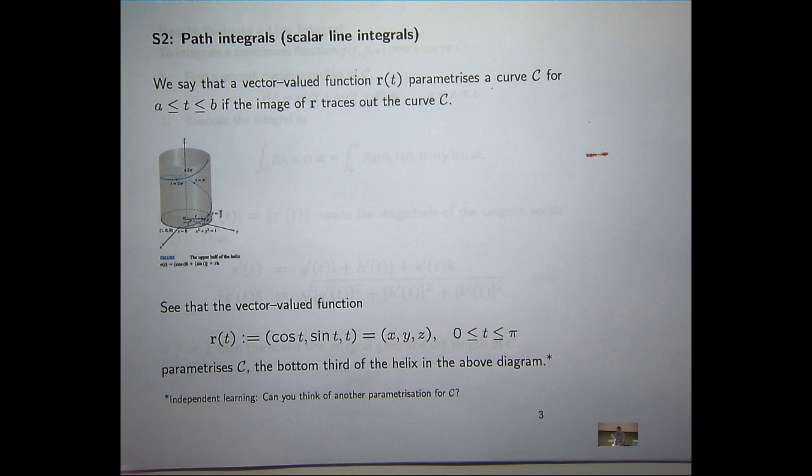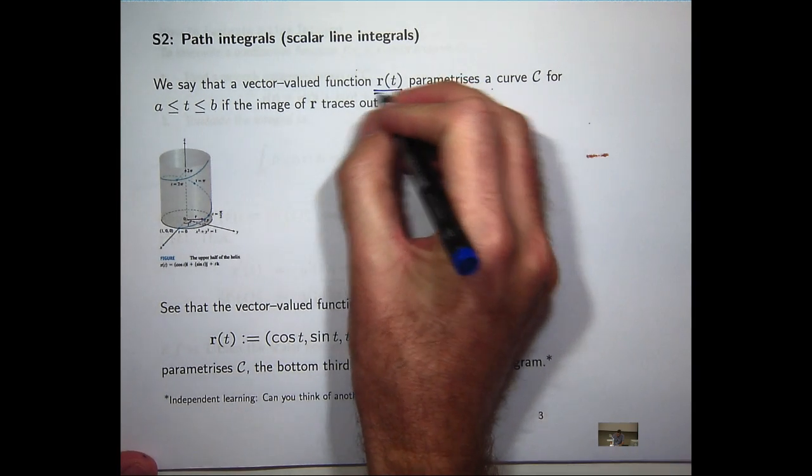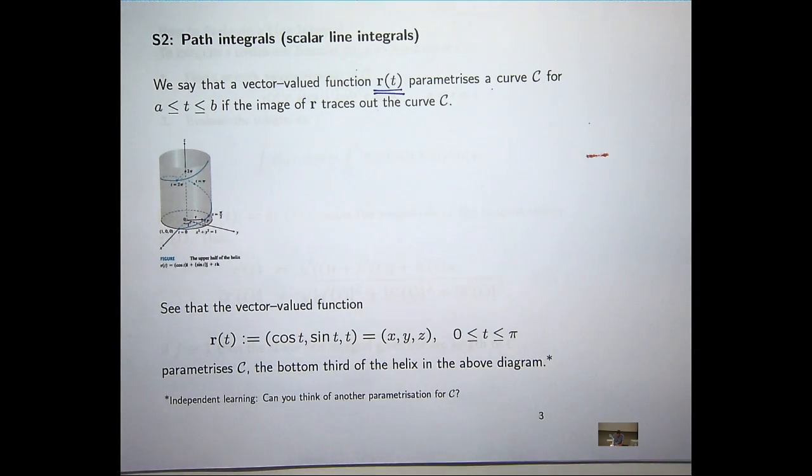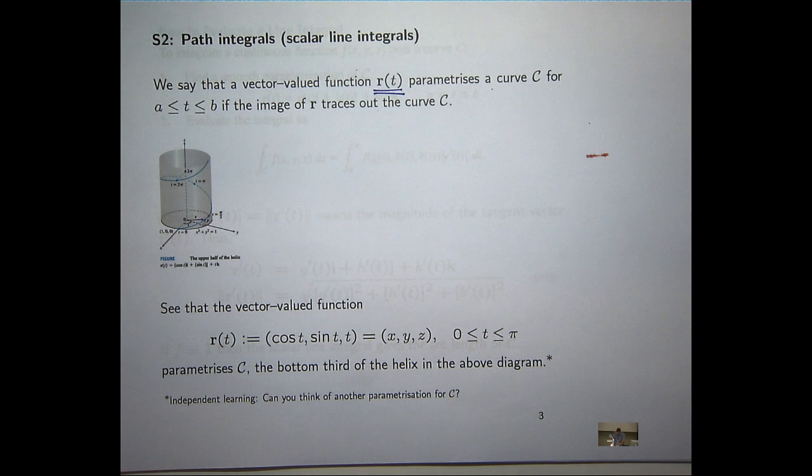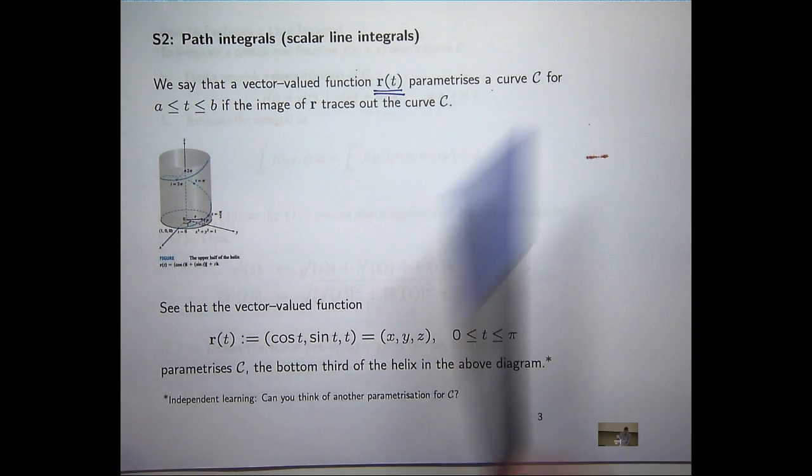Now, just to refresh your memory, suppose I have a vector valued function of one variable. The boldface R just means a vector valued function and the t is the independent variable. When we say that this vector valued function R parameterizes some curve, curly C, basically what we mean is that the image of R traces out the curve.